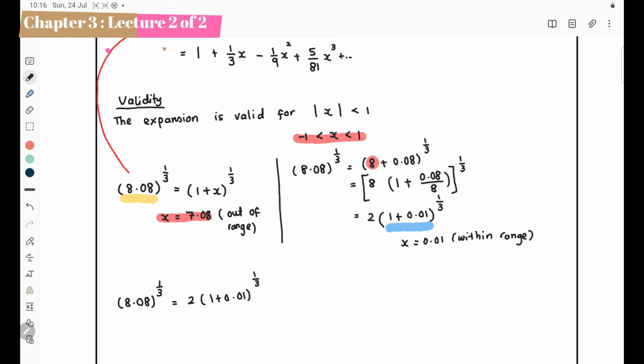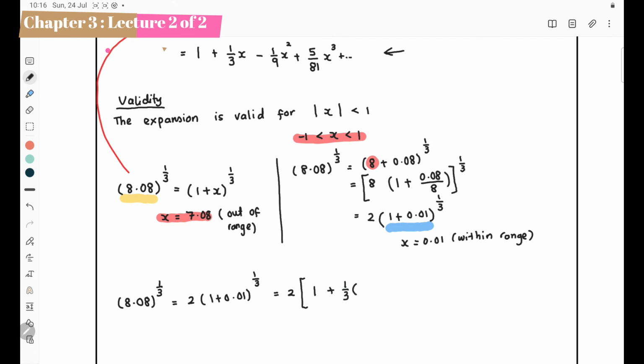So for the last step, we will substitute value x equals to 0.01 into this expansion. So 8.08 to power of 1 over 3 can be simplified into 2 times 1 plus 0.01 to power 1 over 3. So it is equals to 2 times 1 plus 1 over 3.